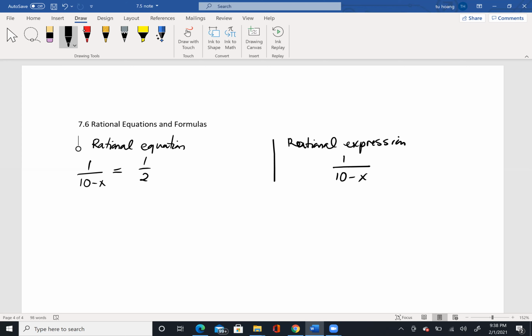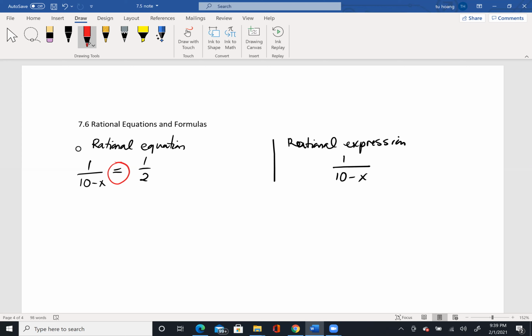So if you take a look at both of these, tell me what is different between a rational equation and a rational expression. You can see that the rational equation has an equal sign, right?